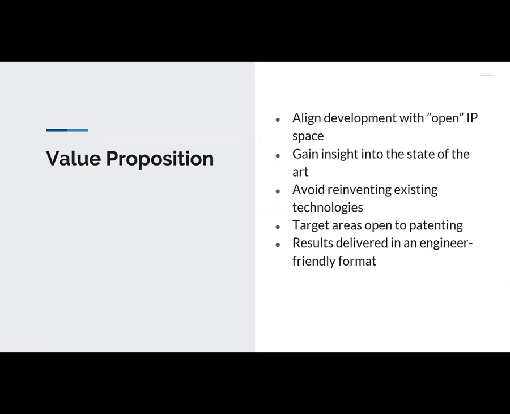IBM, in that case, the portfolio we were licensing was quite substantial, still is. And there's a lot of interesting disclosure, a lot of interesting technology in there that by virtue of having licenses gave us access to those things.